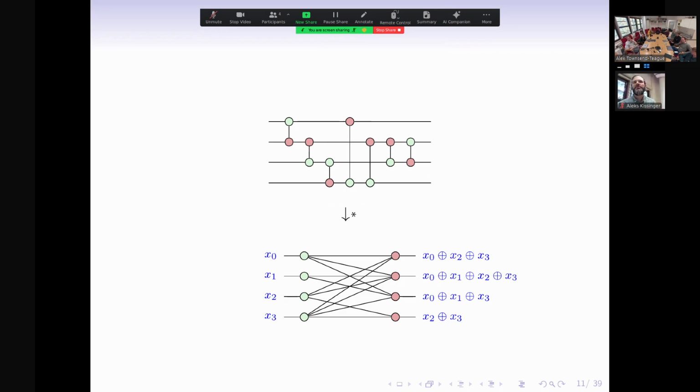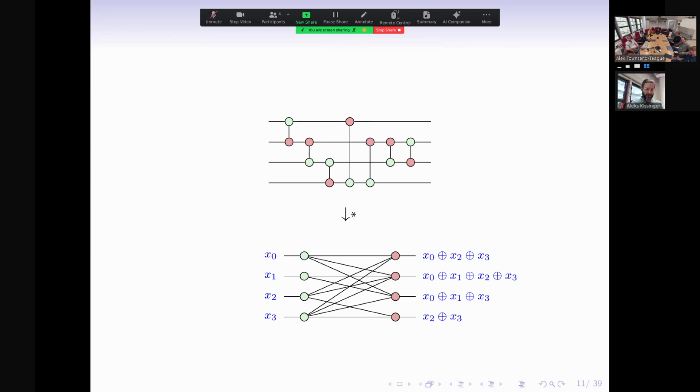But finding the exact optimum, I think you need to try all of the row operations. You can pose it as an NP problem: does there exist a composition of this depth? If you give it to me, I can check if it's a good one, but I think finding it is hard.